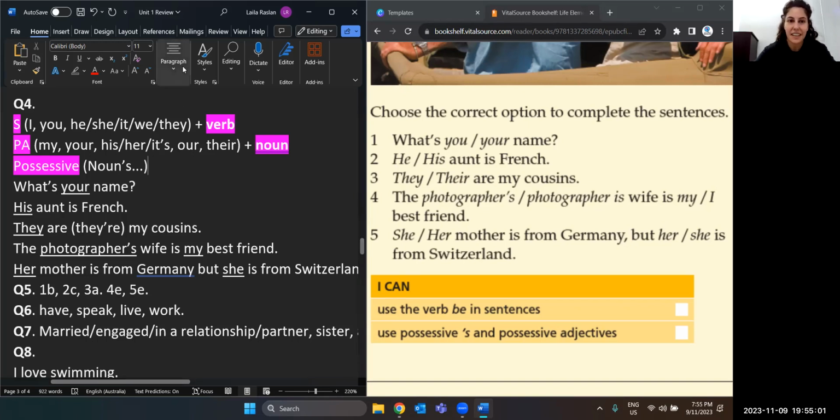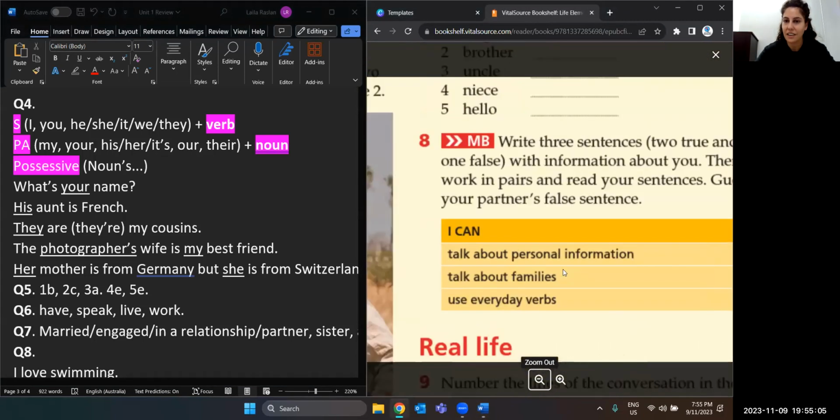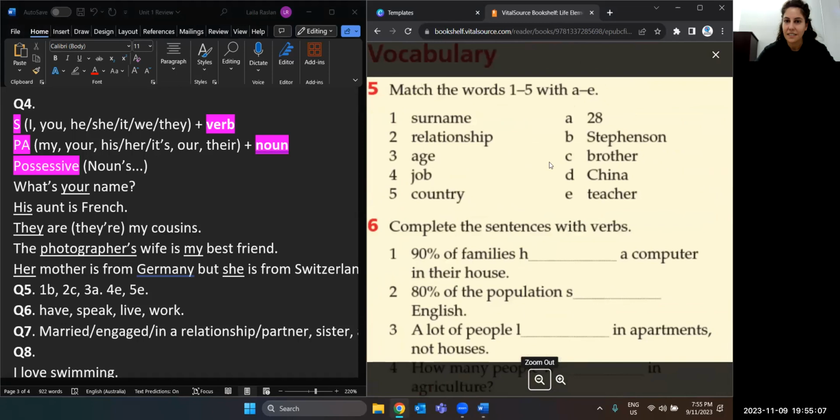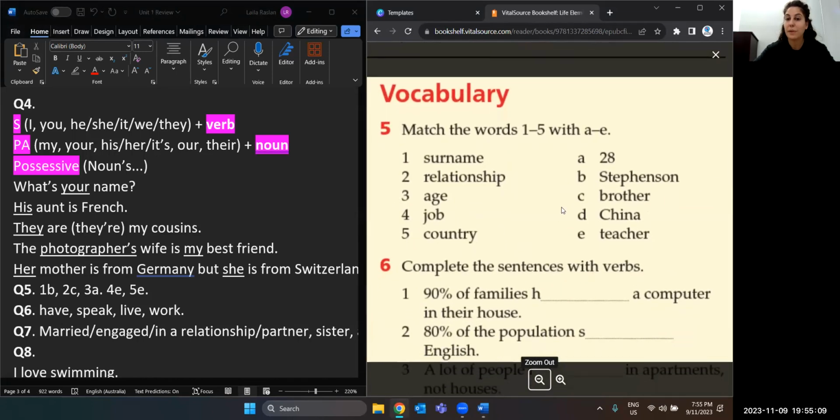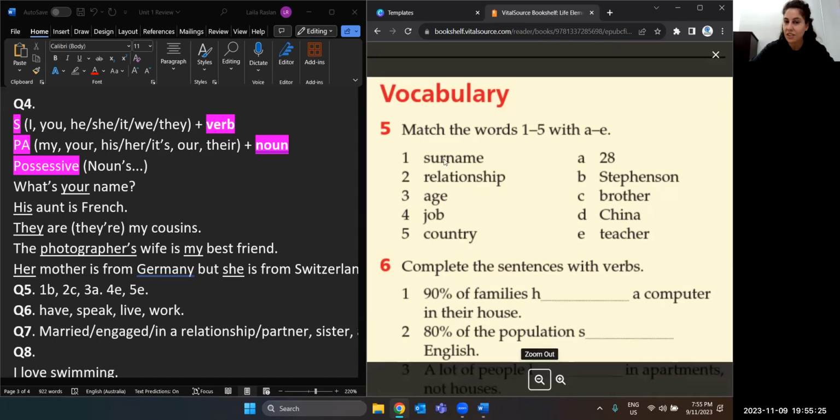Okay, let's go to the next part. And yes, Santiago is online now. So if you remember, we looked at vocab for family members and talking about age, job, country, relationship, surname. This was all using the verb to be. So what's a surname?